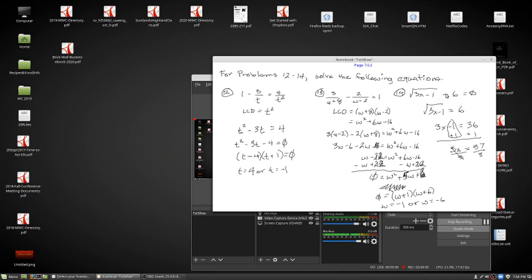If this had been a positive 6, when we bring it over to the other side, we'd have a square root is negative 6. That doesn't work. That's a contradiction. So there would be no solution. That's something that you have to watch out for.